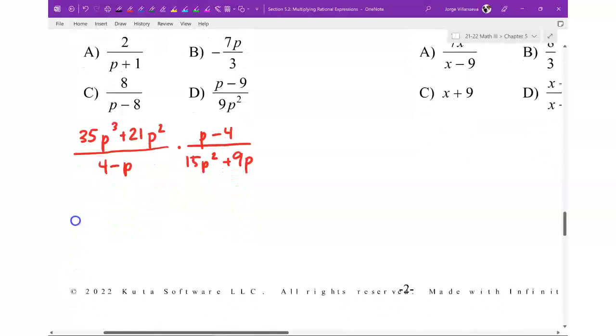So I want to look at the top left of my statement, meaning the 35p cubed plus 21p squared. What can I factor out of that? A p squared. I can also factor out a number. A 7, good. So I can take out a 7p squared from the top.